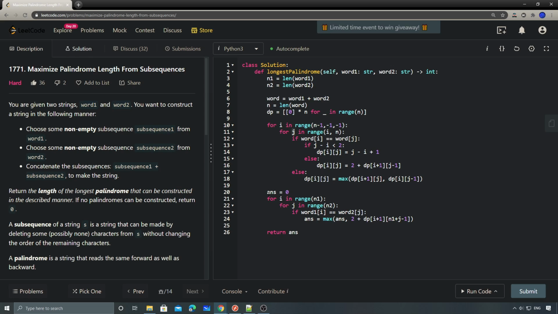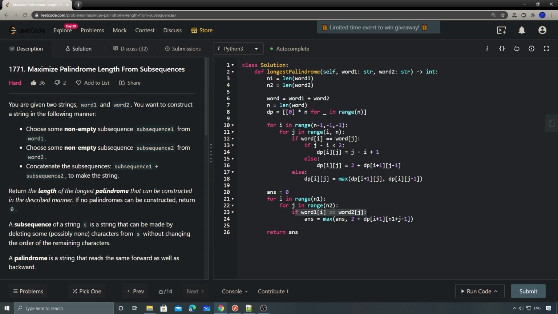And with that, we just need to do a little trick to make sure we only consider the answer when the palindrome starts across two parts. So we just need to find the starting point and ending point for that palindrome, and then make sure the palindrome starts in the first word and ends in the second word.